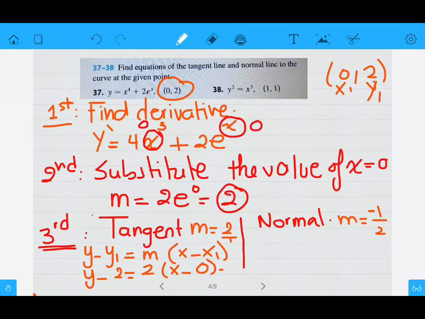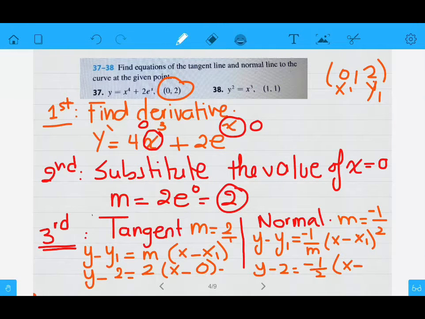To simplify it for this one, we can say in the second page is better, y minus y1 equals 1 over m, minus, here x minus x1. Now we have y minus 2 equal minus 1 over 2 times x minus 0.